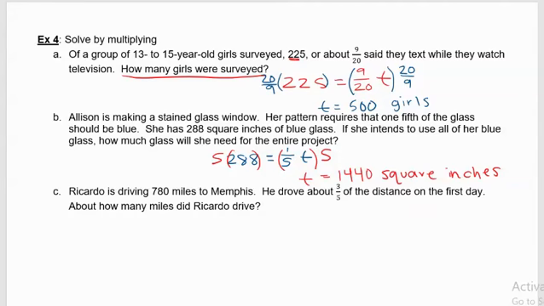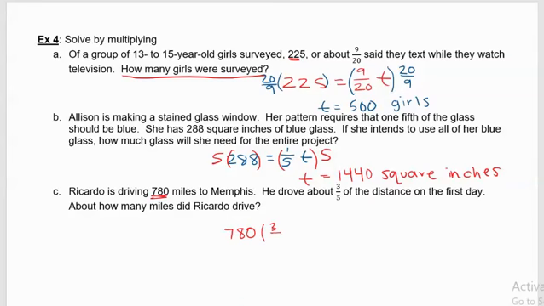Okay, C, I have Ricardo is driving 780 miles to Memphis. He drove about 3/5 the distance on the first day. About how many miles did Ricardo drive? So he's driving a total of 780 miles to Memphis. So that's my total amount. Now he drove about 3/5 of the distance on the first day.